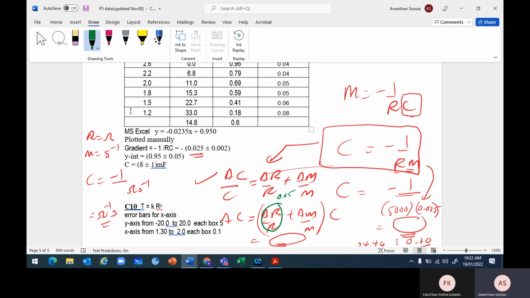The marks are given sometimes for the value within the range. Most of the time, of course, it goes for method. The formulation must be correct, the substitution must be correct. And sometimes 1 mark goes for the unit, the final unit.